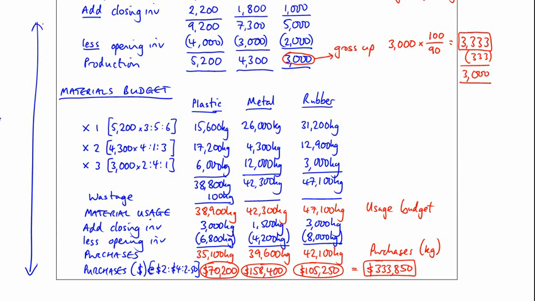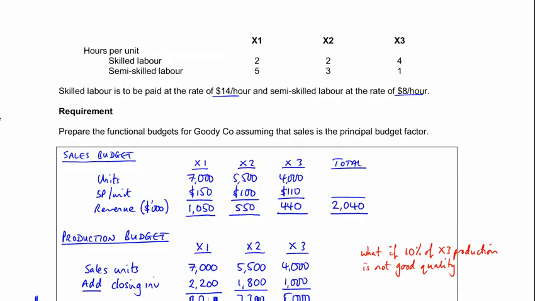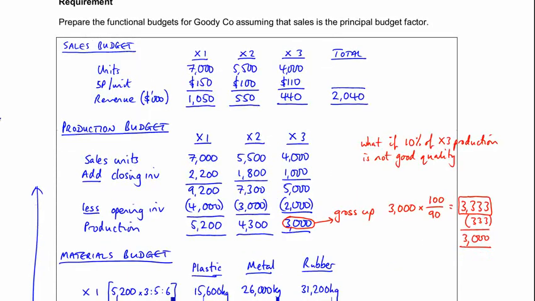So once we've done the production budget and then the materials budgets, we could now finish off and look at the labour budget, because in the question you're told about how many hours per unit each one of these products takes in terms of skilled and semi-skilled labour hours.